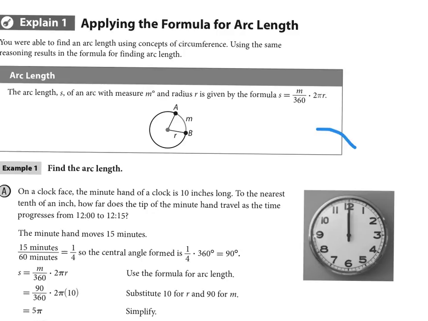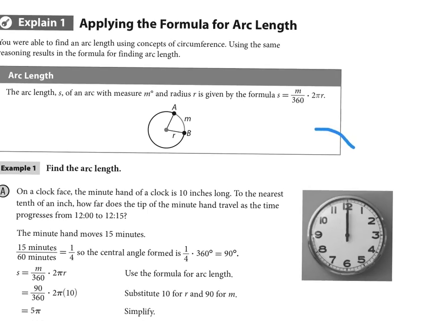And see, what's happening is, let's just say this is 60 degrees, okay? So 60 over 360 is 1/6 of the circumference. Do you see how this formula is actually relating to the circumference formula?